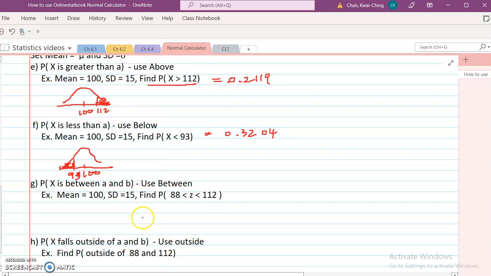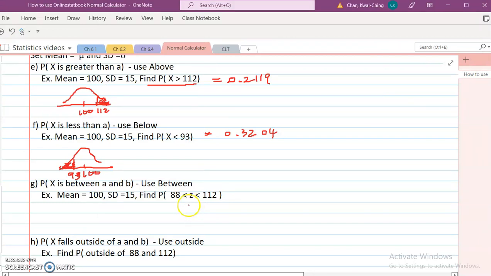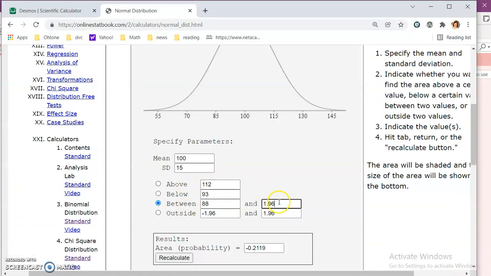So what you do is remember to set the new mean and standard deviation. Because these four examples are related, I already set them. But remember, I always check that the mean and standard deviation are what we want. For in between, they want it to be 88 and 112. So let's see how it looks.